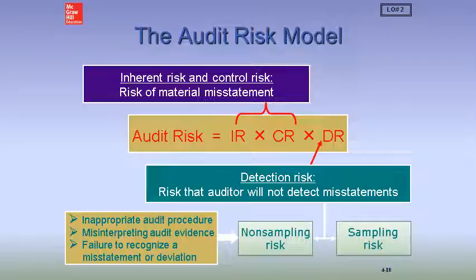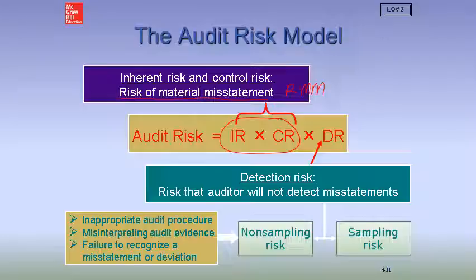When we look at the assessment of the risk of material misstatement, we are going to look at something called inherent risk and control risk. Inherent risk and control risk, those combined together are called our risk of material misstatement, or our RMM that we just saw on the previous slide.